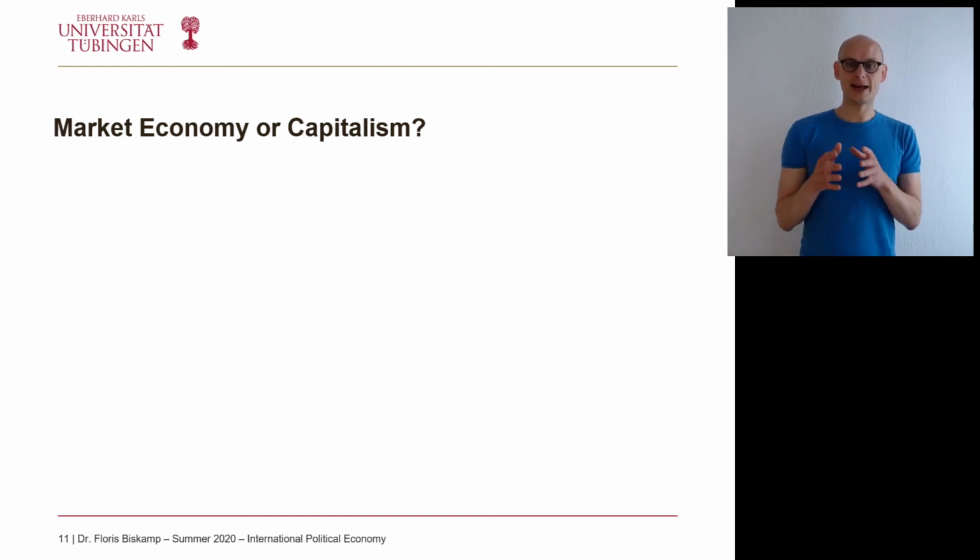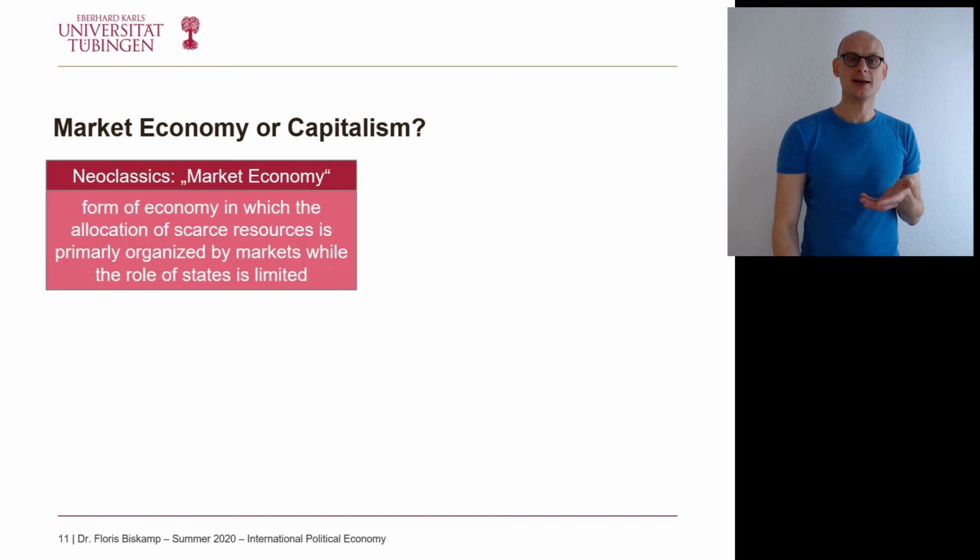So if you look at classical and neoclassical literature, typically they don't speak of capitalism, they rather speak of the market economy. And what do they mean when they say there's a market economy? They mean we have a form of the economy in which the allocation of scarce resources is primarily organized by markets, while the role of the state is limited.